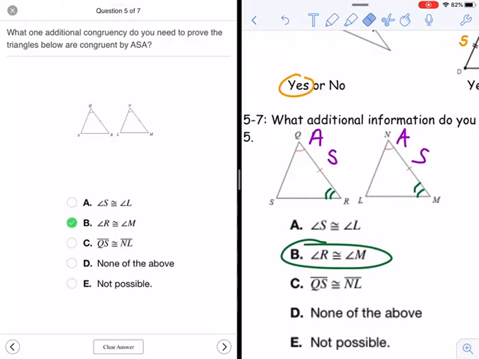You don't have to write this down, but notice how if we used S and L, these two angles, this side then would be non-included because it's not between both angles we're talking about. We're going to elaborate more on that in the future. But that's why it's not that one. Let me put the right answer back.